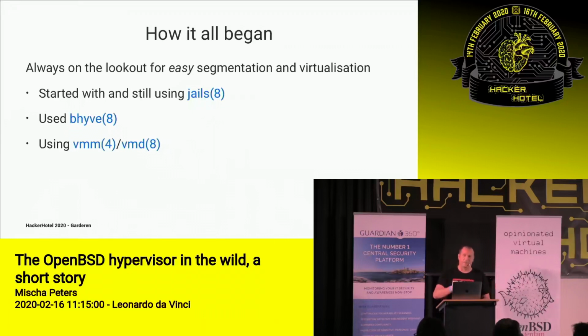And I've always been looking for virtualization or easy virtualization. Then came along Beehive on FreeBSD, which is not simple. It works. But then some guys in the OpenBSD community thought, okay, we're not going to import Beehive. We're going to build our own from scratch. And that became VMM VMD.